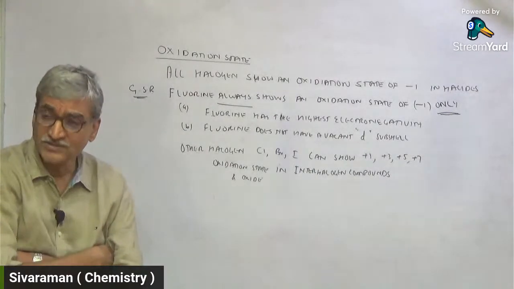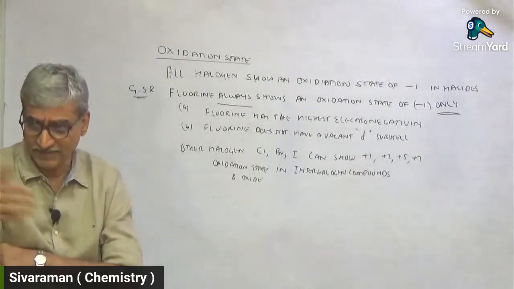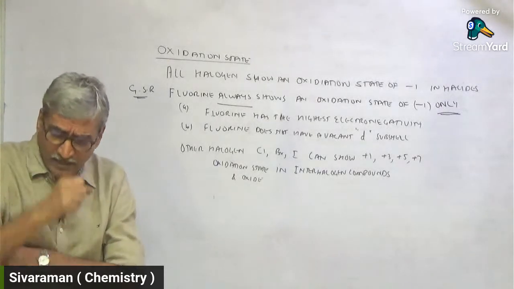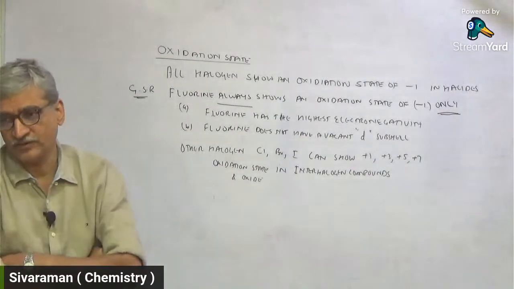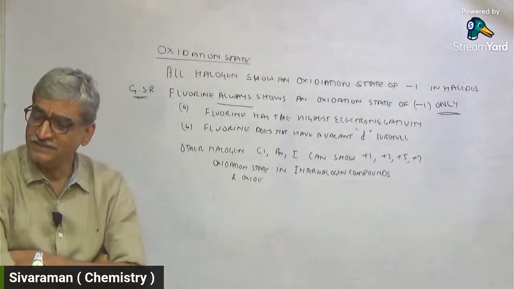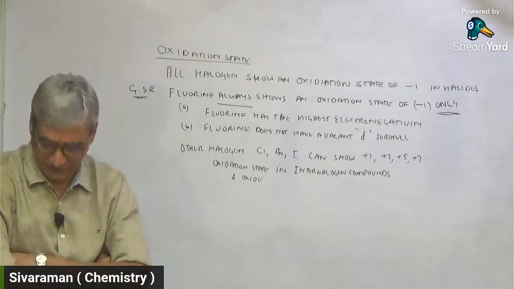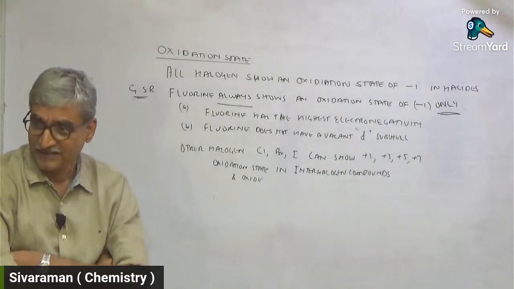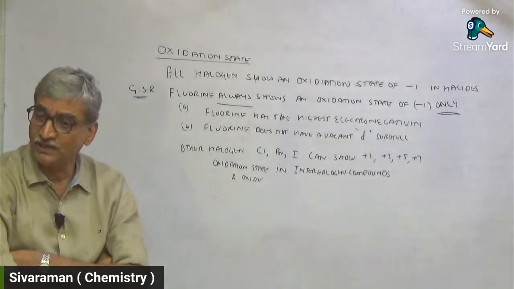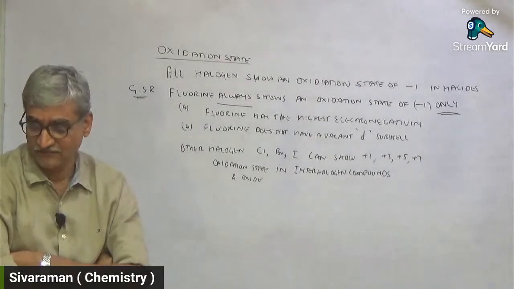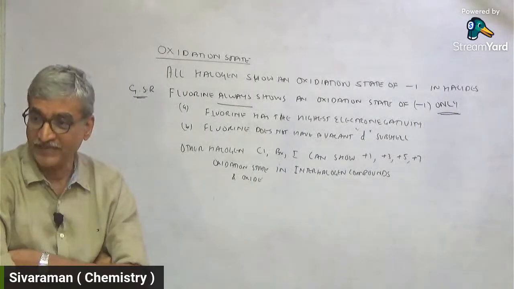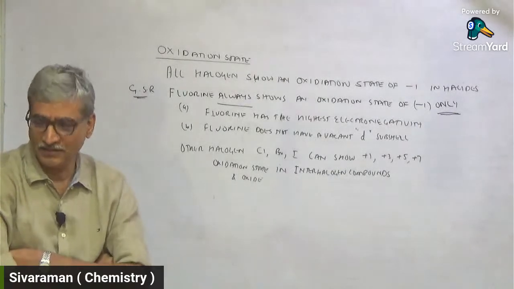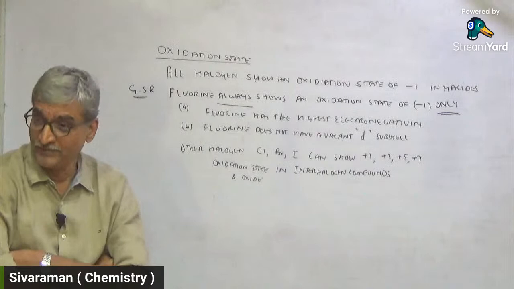That's a question we are going to see later, but I'm explaining it here and repeating it there. This is a tendency of halogens: halogens tend to combine among themselves. Fluorine and chlorine, fluorine and bromine, fluorine and iodine, iodine heptafluoride, bromine pentafluoride.